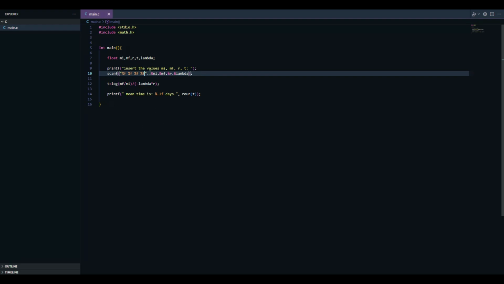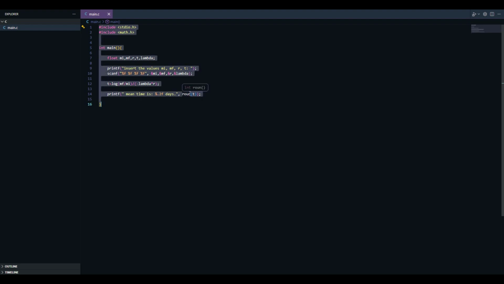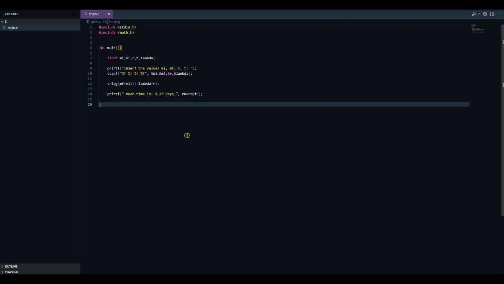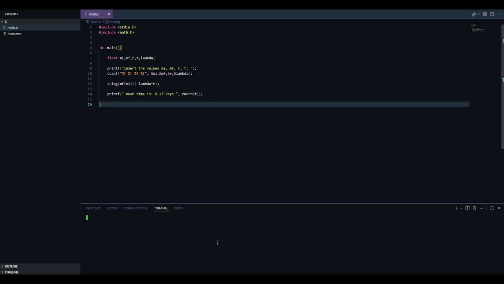I'm not calling the t value. The t, it's the answer of that equation. It's not the round, it's round. I think that's it. I created the main. Let's run it.